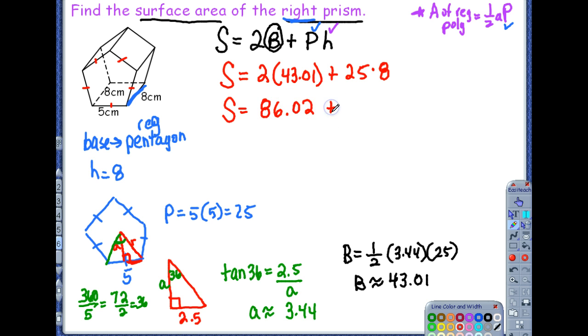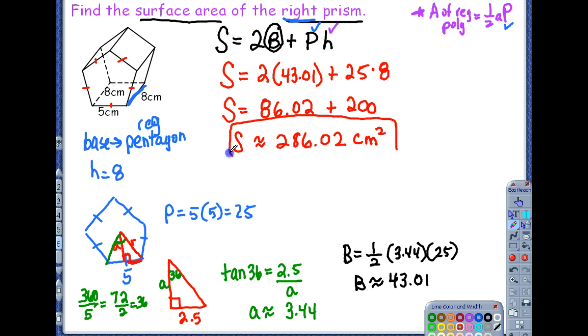And then 25 times 8, what's 25 times 8? That should be 200, right? So I'm just adding 200 to that, which gives us 286.02 if I round to the hundredths place. And usually that's what we'll ask of you, centimeters squared.